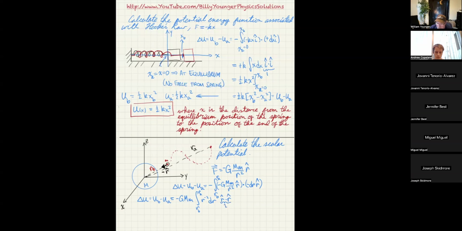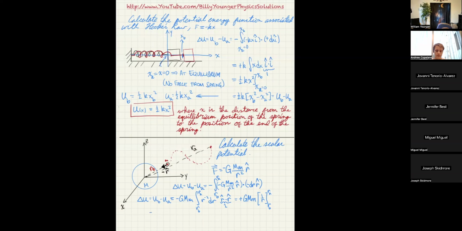Now the integral of r to the negative 2 is negative r to the negative 1. So that negative out in front just became positive. So now I've got positive G M M times 1 over R, and that has to be evaluated at RA first and then RB.